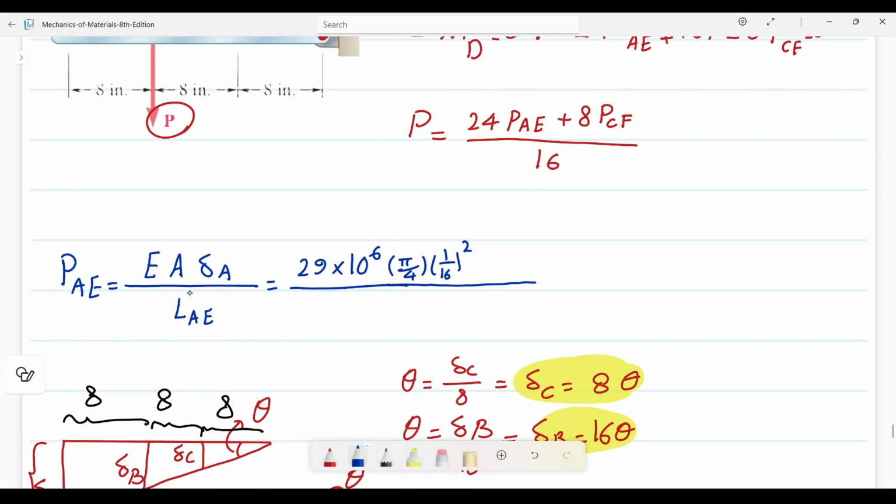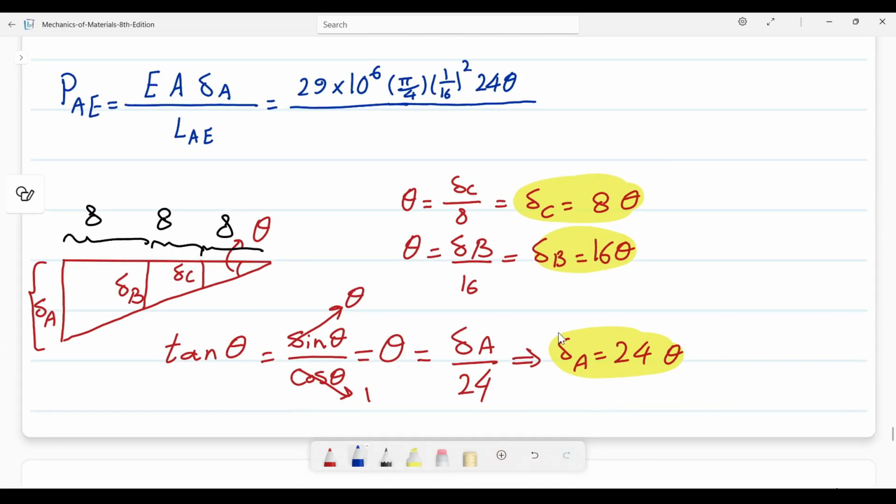And also we have 24 theta instead of deflection of A here, and LAE is equal to 15. That means PAE equals 142.353 multiplied by 10 to the power of 3 theta.